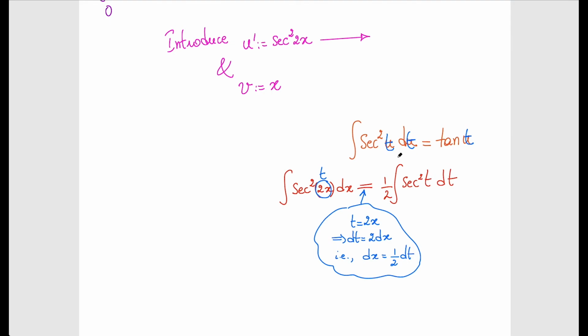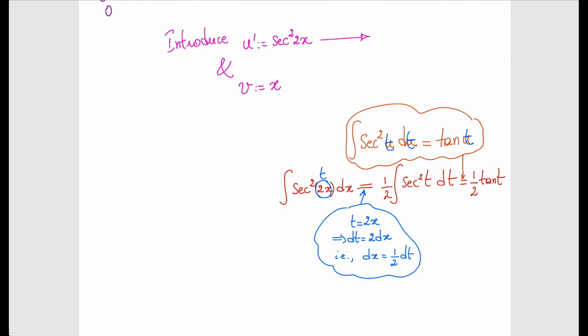And then you employ this formula right there, because I now have the form of the primitive of secant squared t dt. This is half tangent t, and let's ignore the constant. Let's take the constant to be 0. That's what I mean. Okay.